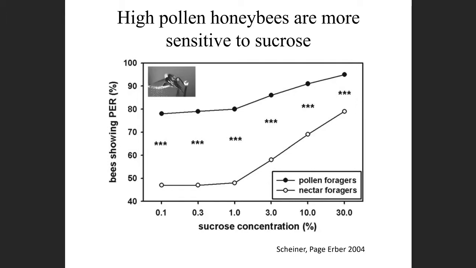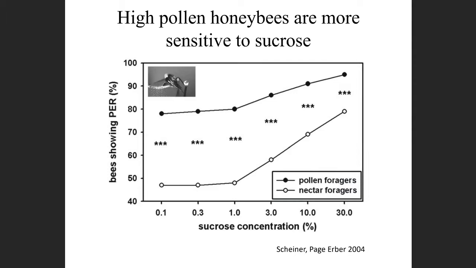And this was really fascinating because initially this was Shiner, Page, and Erber. Robert Page was a sort of behavioral geneticist or ecologist at UC Davis, and what they found was that the initial discovery was that high pollen honeybees learn faster using this proboscis extension reflex.